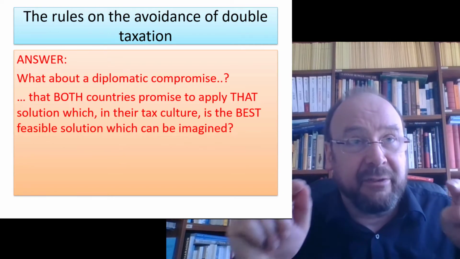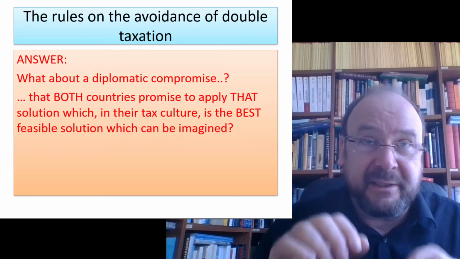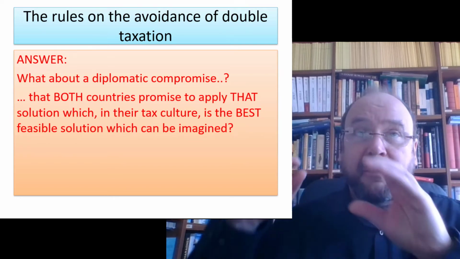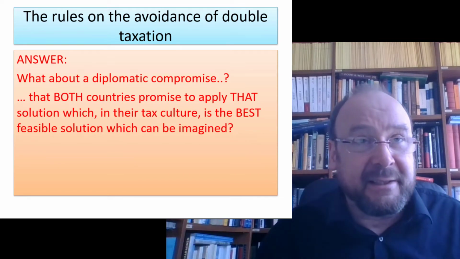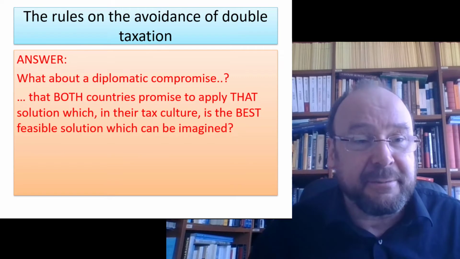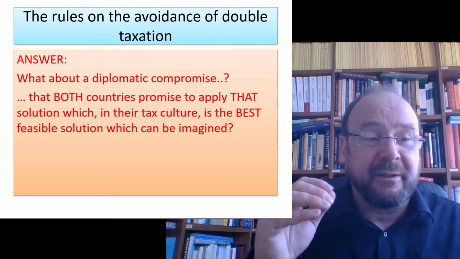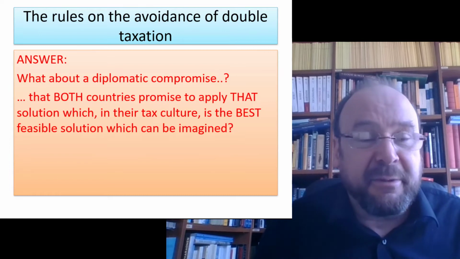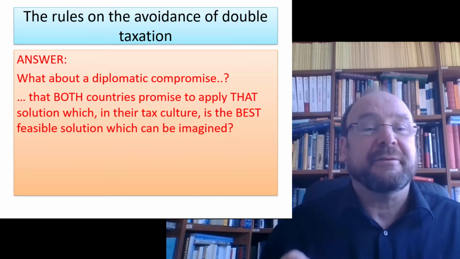But that same thing, the best possible solution, is in the British tax culture something different than in the German tax culture, and that is quite natural. You are different, independent states with independent laws, culture and sovereignty, so in the one tax system the best potential solution is different from the other one.